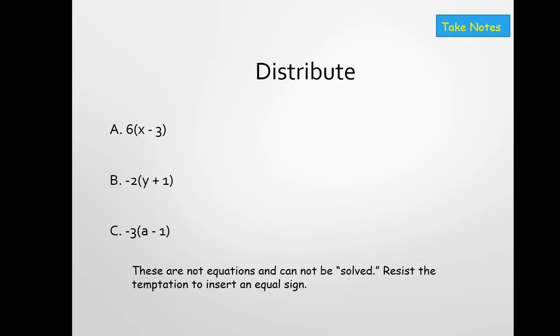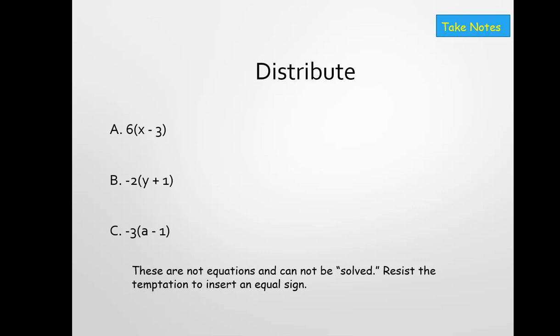Resist the temptation to insert an equal sign. I know it's really tempting to just think, okay, this is all going to be about solving for x. Right now we're just carrying out distributions so that, if this were part of an equation, we would distribute, and then we would solve. But right now, there's no equal sign there. Now, when I say pause, pause.